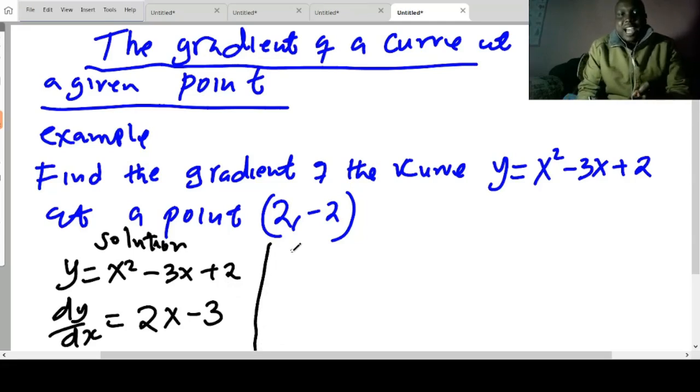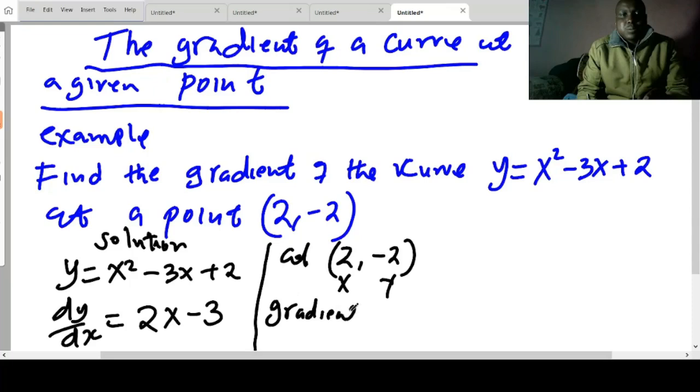Then you say at the point 2 comma negative 2, the first coordinate is x, the second one is y. So at this point, the x coordinate is 2. We substitute in our gradient function and find the gradient. So the gradient is equal to 2x minus 3.